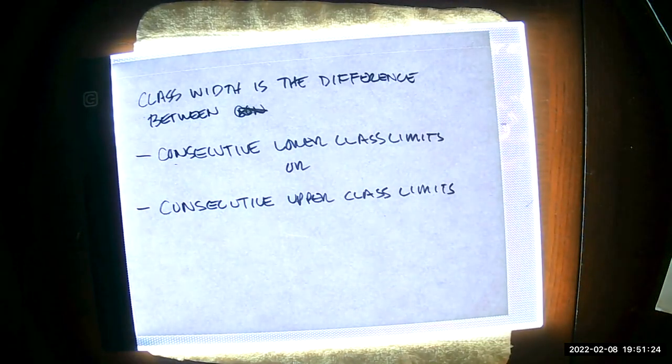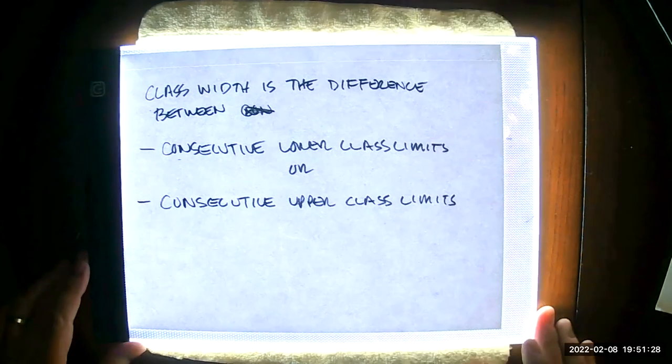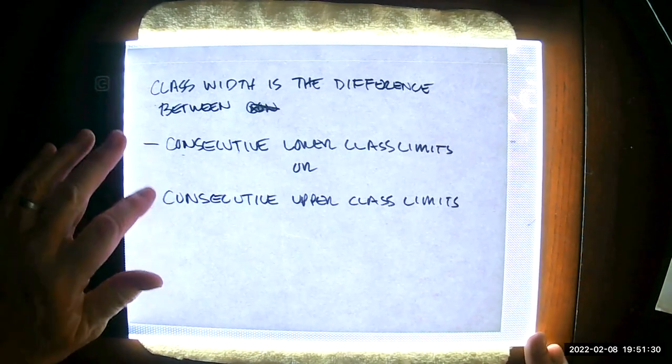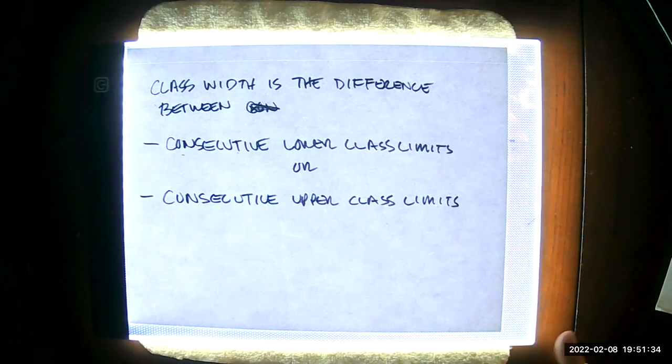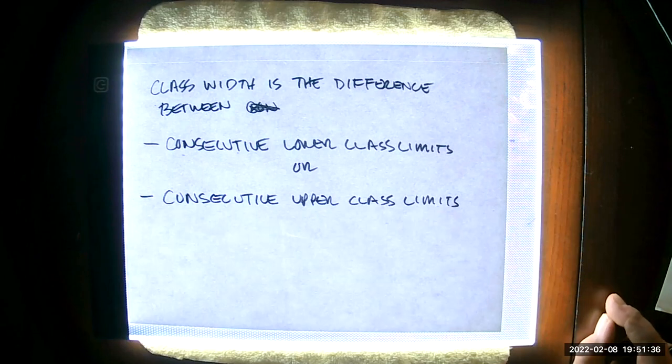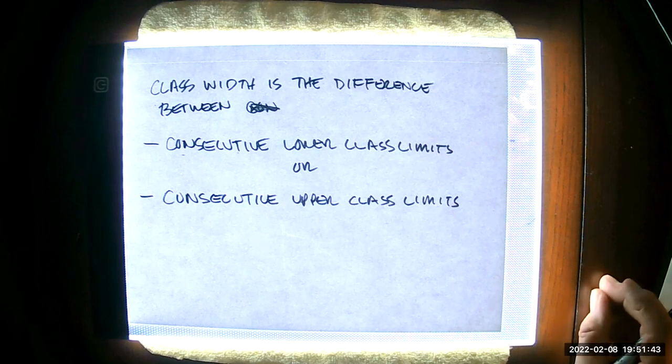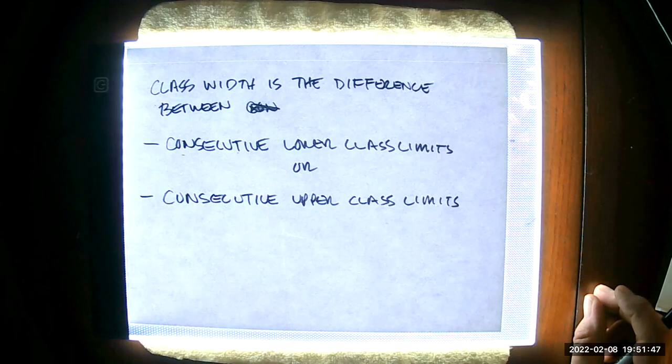And that there is the problem, because number one, we've got two ways to talk about class width. They should, by the way, give you the same answers. So you shouldn't get different answers. However, having said that, there's one other issue with this.